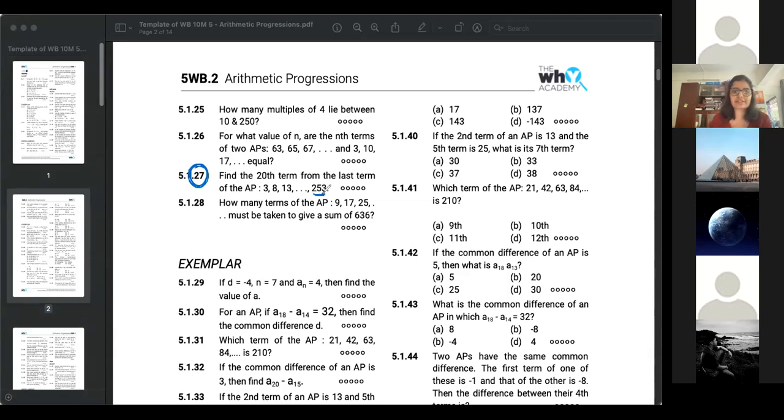So 253, you need to count 253 as the first, and in the reverse direction, you need to find the 20th term. Okay. Raise your hand if you're not able to solve it. Otherwise, start. I'll also solve parallelly.